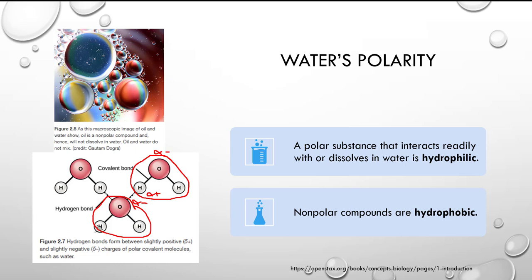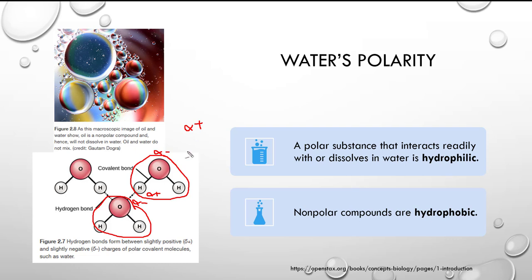As far as other substances, when we have other molecules that are polar, they can interact with water very easily. If another substance has this kind of configuration, with slightly positive and slightly negative ends, then it might be attracted to water as well. So we might have a slightly positive end of another molecule over here that might be attracted to the oxygen end of this water molecule.